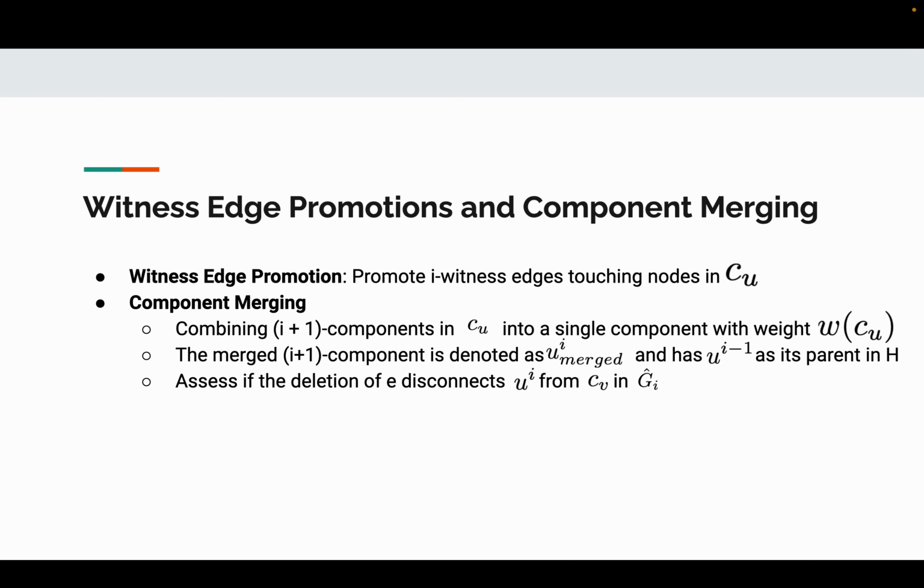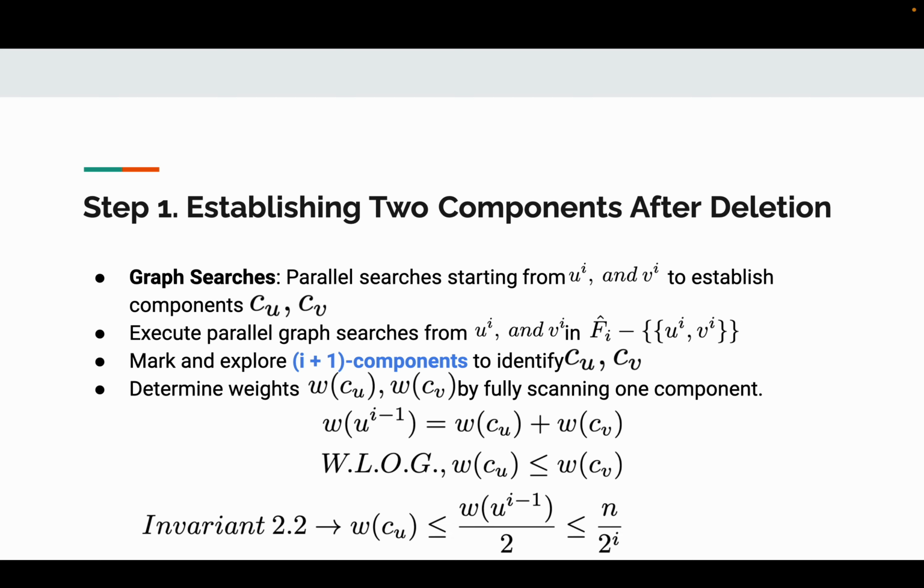Following the establishment of components CU and CV, the next step involves promoting i-witness edges that are in contact with nodes within CU. Remember, CU is the smaller component in the split.